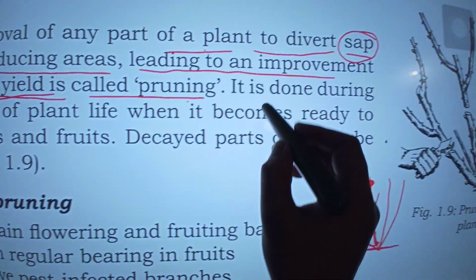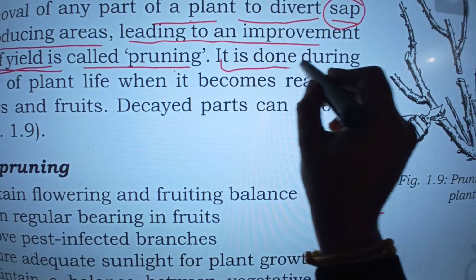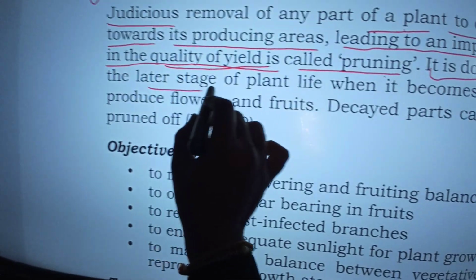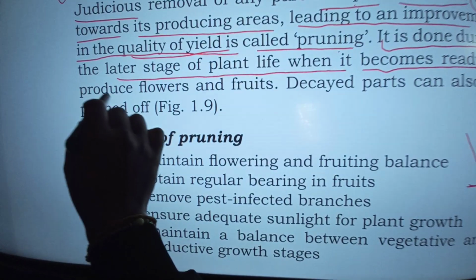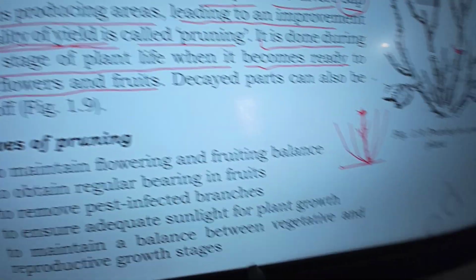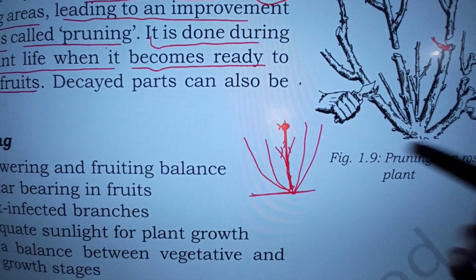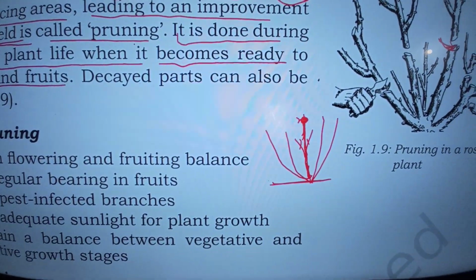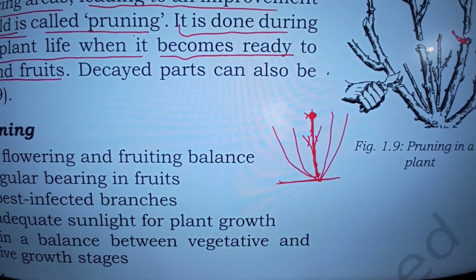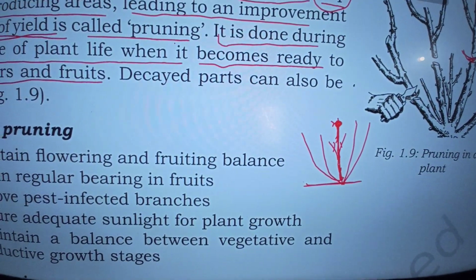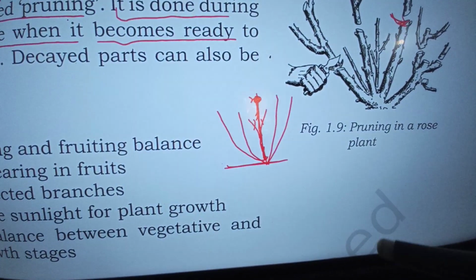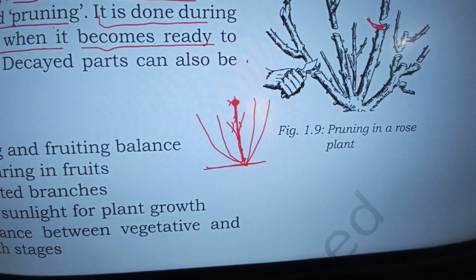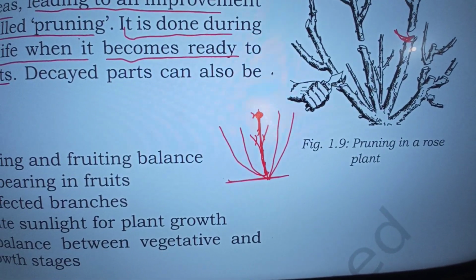It is done during the later stage of the plant's life, when it becomes ready to produce flowers and fruit. So we do not do pruning initially; after plantation of a crop, what we do in the initial stages is training, to give shape to the plant.